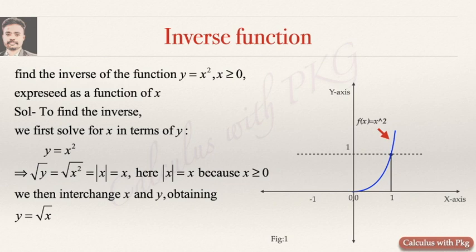Now how to draw the graph of f inverse? We have to reflect this graph along the 45-degree line y equal to x, so that we can get the graph of f inverse, which is the graph of square root of x.